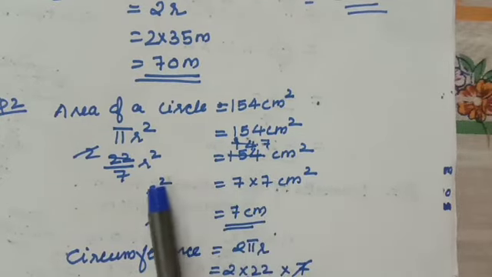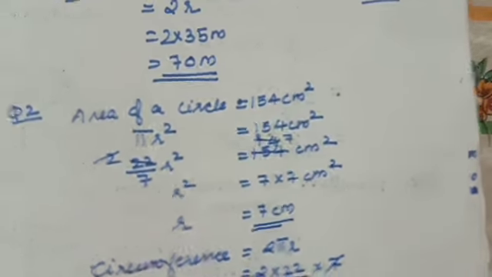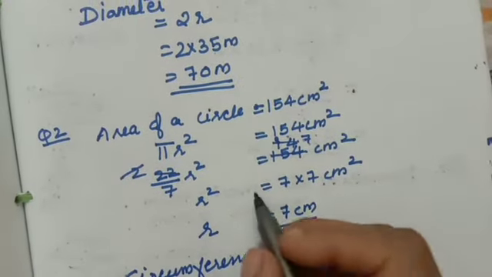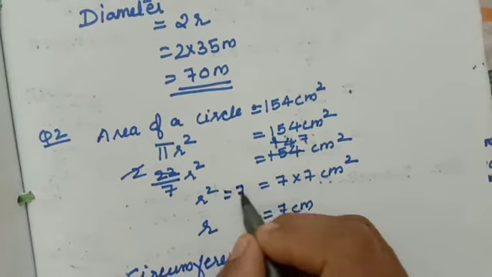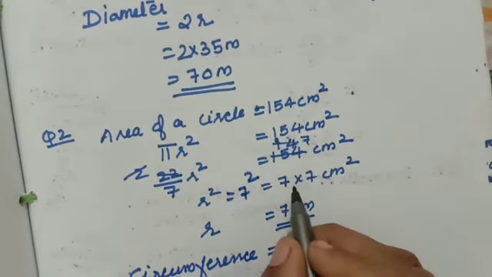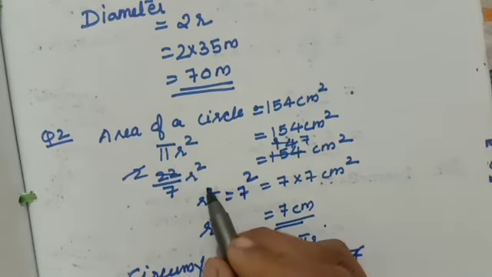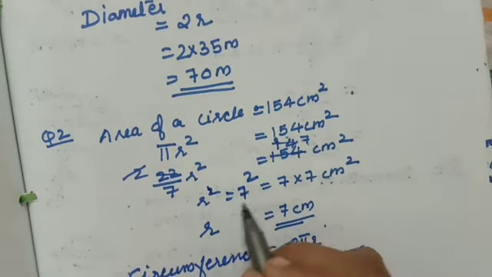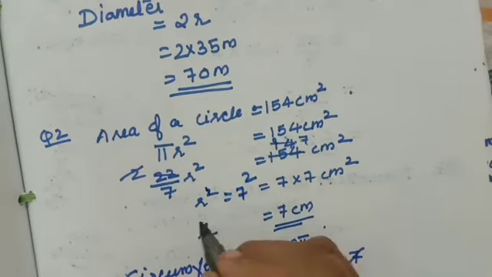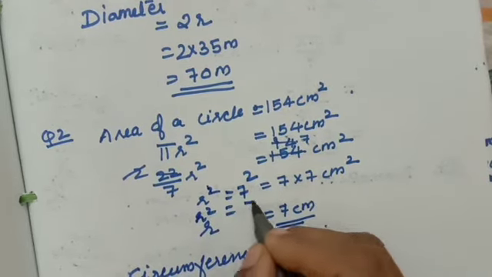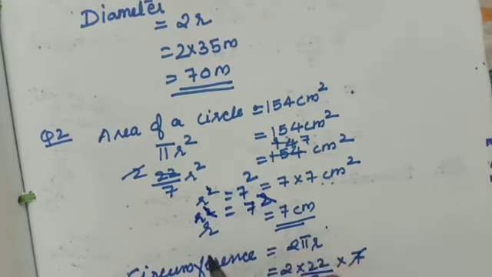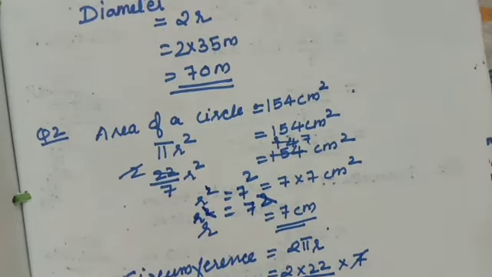So r equals 7. Otherwise you can write r square equals 7 square. 7 square is only 7 into 7. So you can cut out the square. Next step, r square equals 7 square, square you cut out, r equals 7 you will get. Okay.